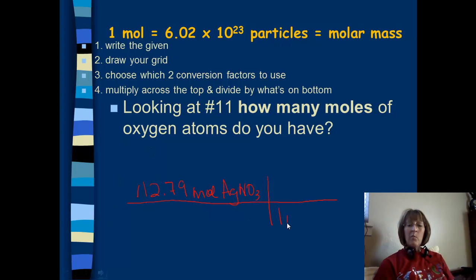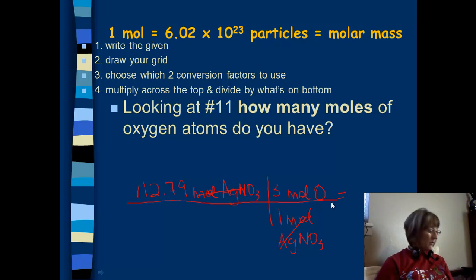For every 1 mole of AgNO3, I have 3 moles of the oxygen within it. So for every 1 of the whole units, I've got 3 pieces or 3 moles of oxygen. So this number times 3. Notice the moles of AgNO3 cancel out. And look here, all we have left are moles of oxygen.